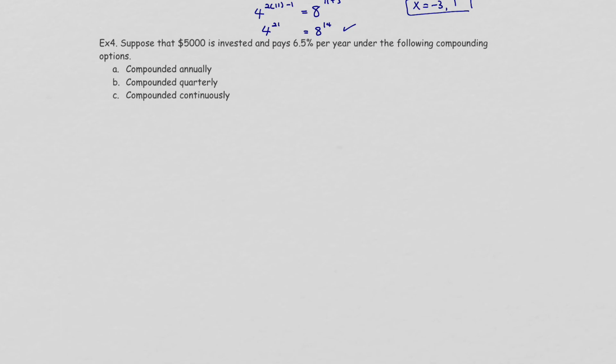And this problem says suppose that 5,000 is invested at 6.5% interest, right? Following compounding options: you have one compounding annually, compounding quarterly, and compounding continuously.